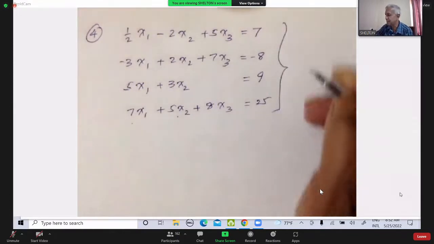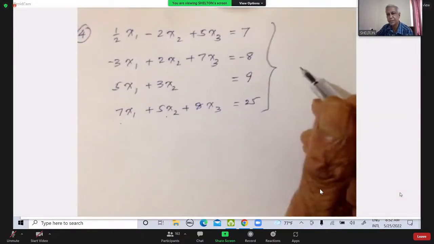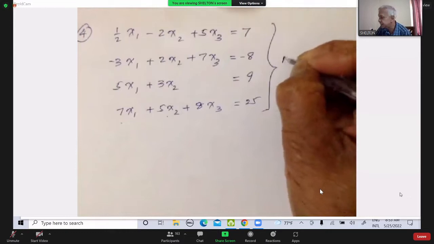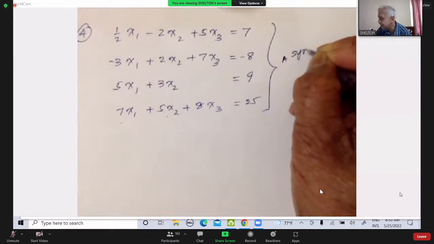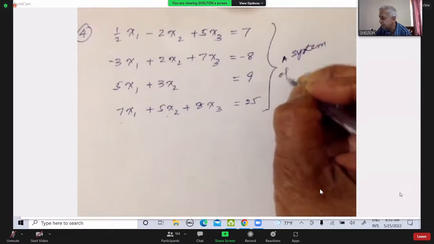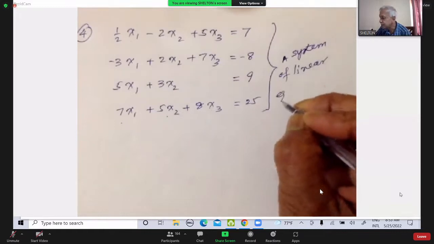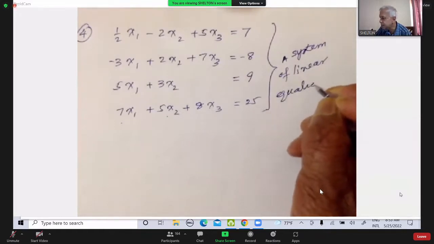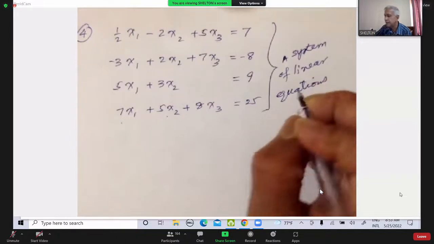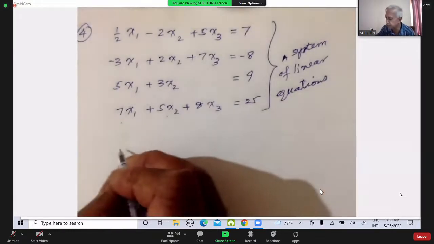We don't write it like this, but all four equations taken together is a system of linear equations.